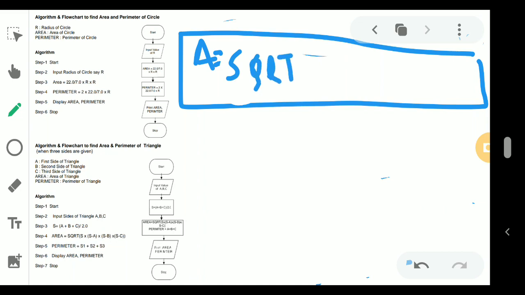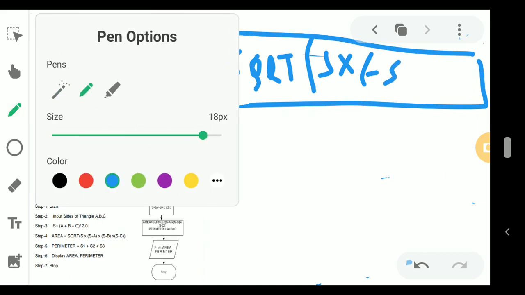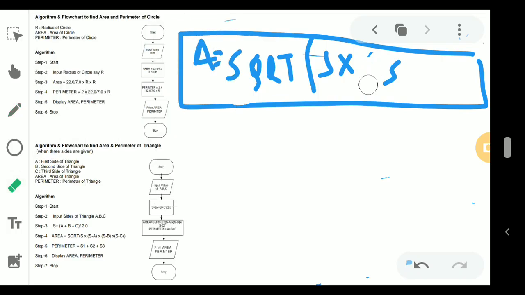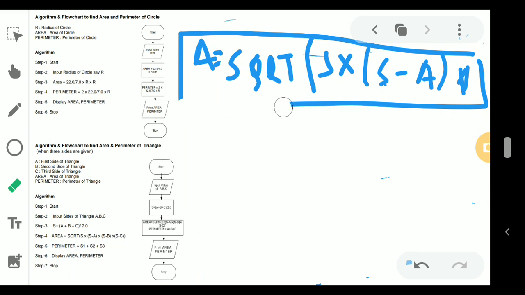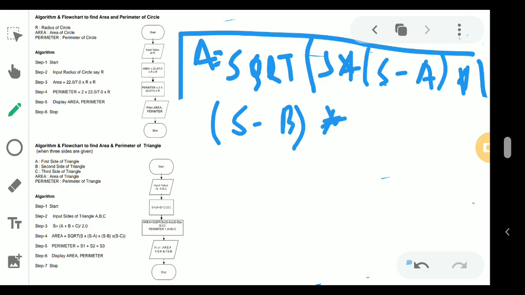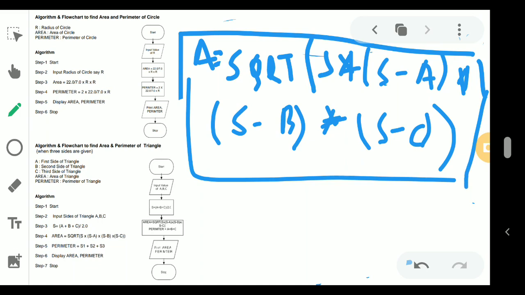This is a function for finding the square root. SQRT of S into S minus A into S minus B into S minus C, then close the whole bracket. Then the SQRT function is complete.